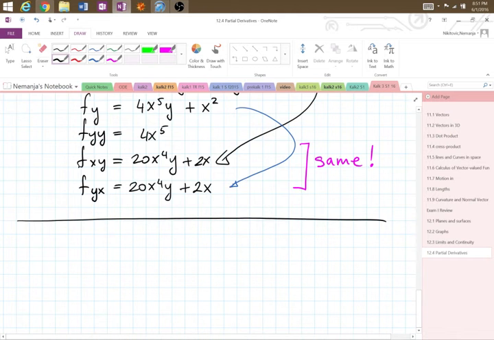So Theorem 12.4, equality of mixed partial derivatives, says assume that f is defined in an open set D of R2, then fxy and fyx are continuous throughout, and they're the same.